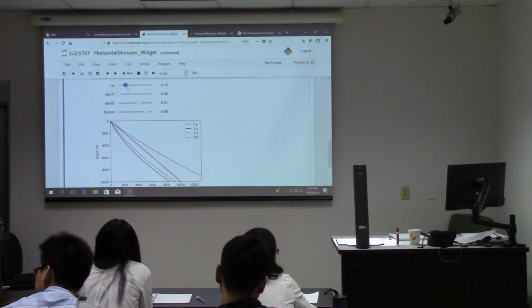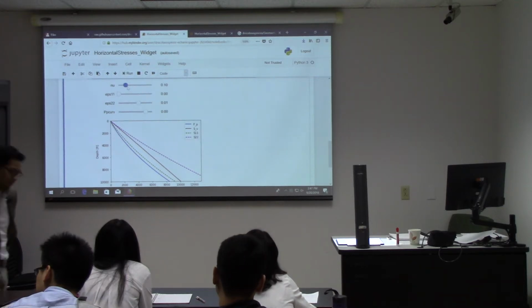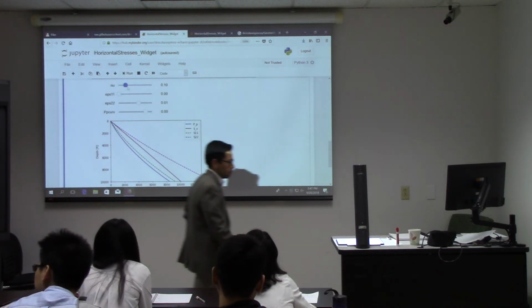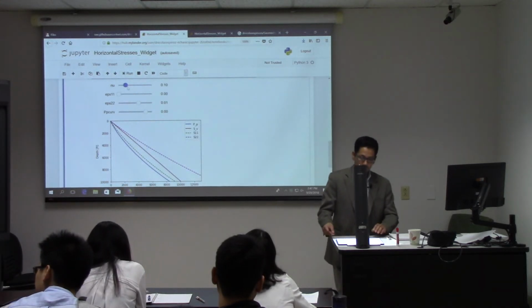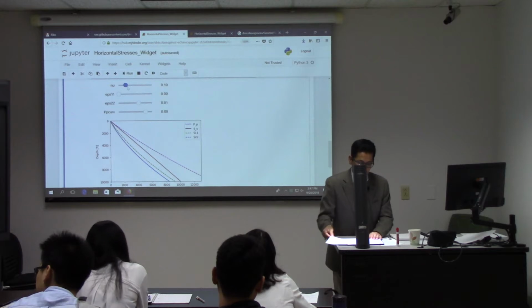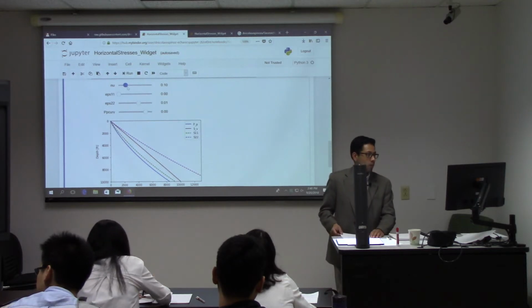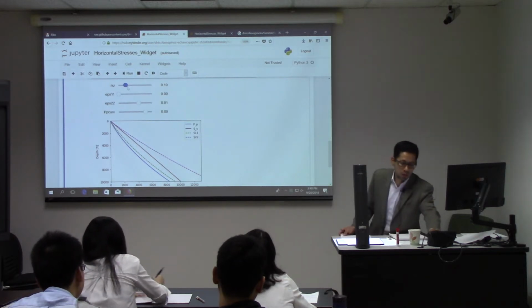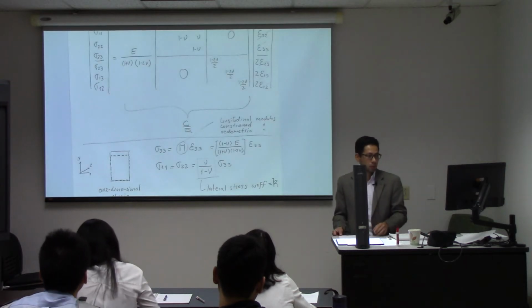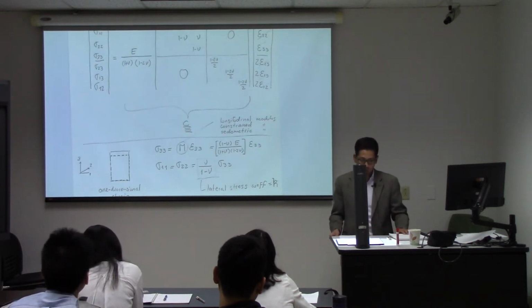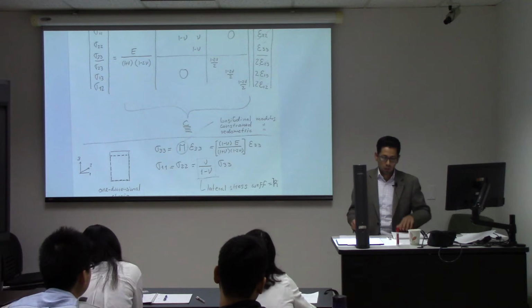I had my question when we were talking about the difference between the static moduli and dynamic moduli. Okay. So usually the way you measure dynamic moduli is through velocities, right? Sonic velocities. Yes. And you can only measure M and G directly.